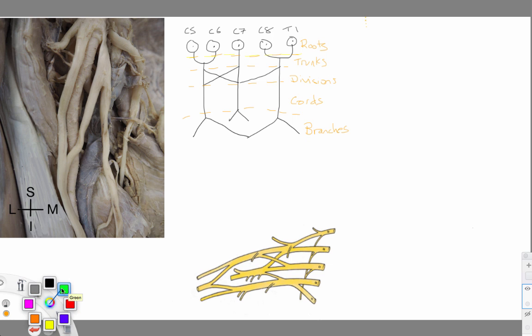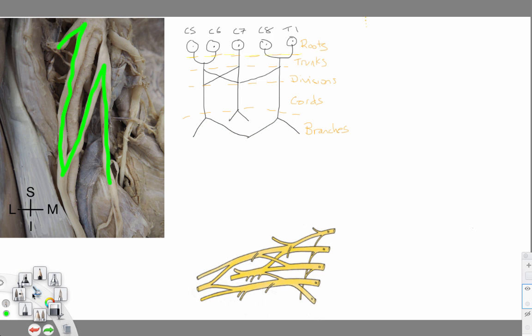Now let's look at these branches. If we look on this cadaveric image over here, we have this M shape that forms. Okay, and this is this M shape here, and also this one here.